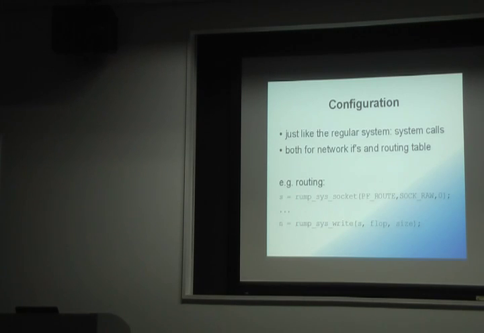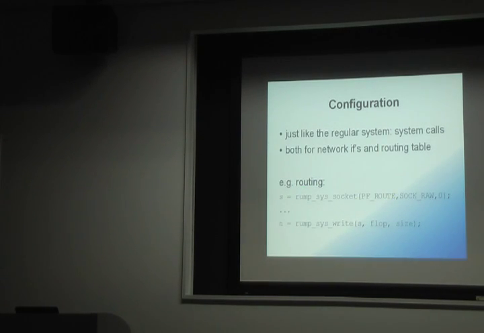And configuration: if you have the full TCP/IP stack, you need to configure it. You need to have an interface, you need to configure an IP address for your interface, you need to configure your routing tables, and here's a fairly limited example. There's a full example in the paper of how to configure at least the IP address, but the routing is the same.